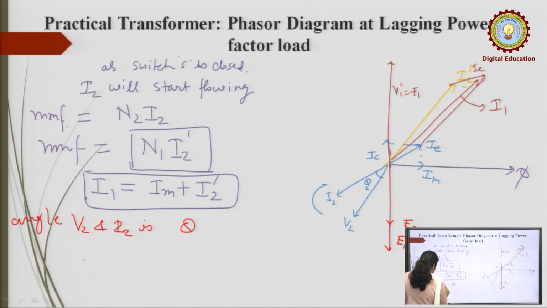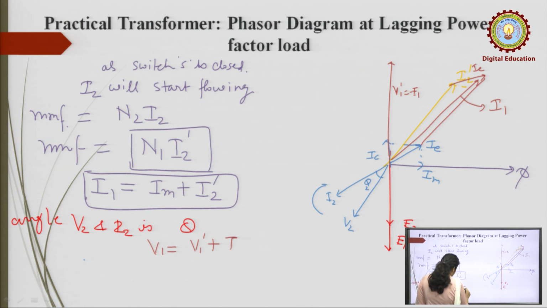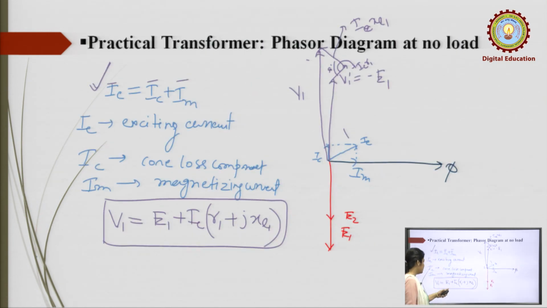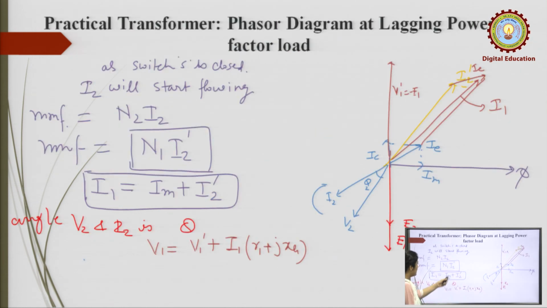That must satisfy V1 equal to V1 dash, or you can say E1 plus I1 R1 plus jXL1. In the case of no load only the current IE is there, but in the case of this lagging power factor, now this I1 is there, because it is the phasor sum of I2 dash and Im. Okay. So, this is how you can draw this.